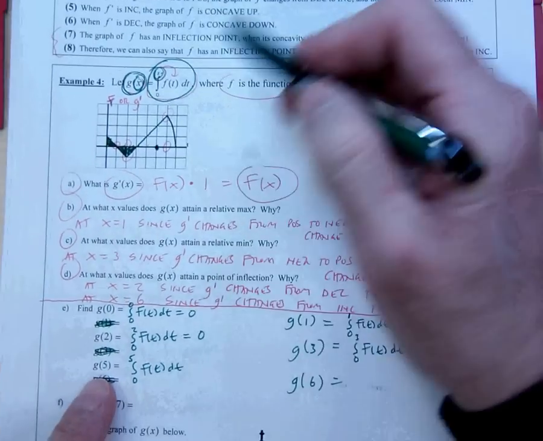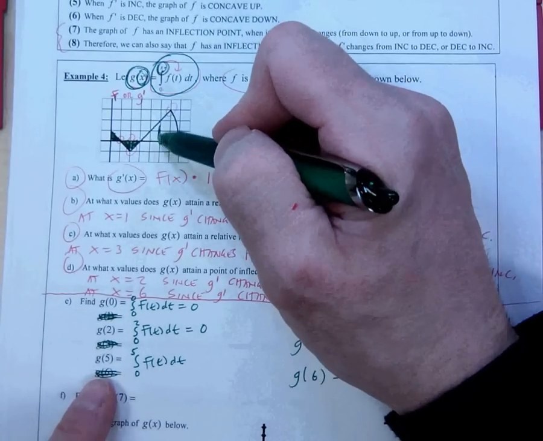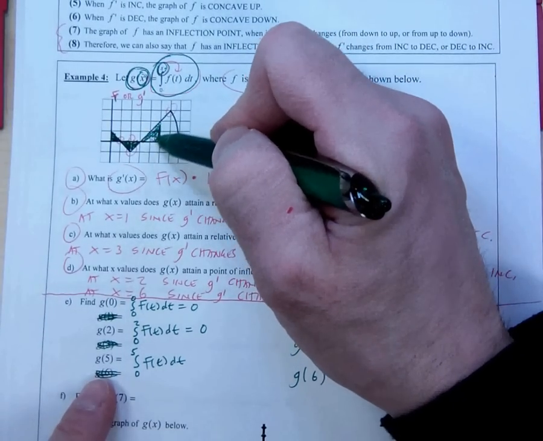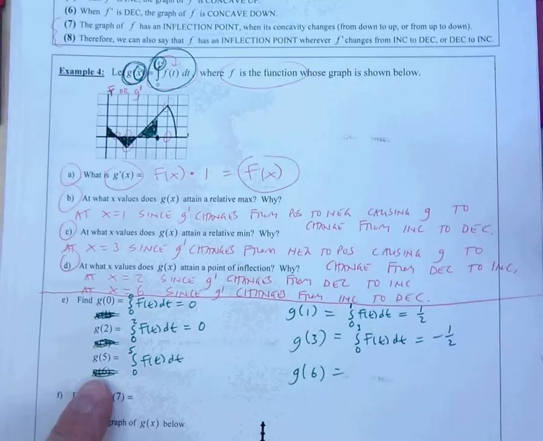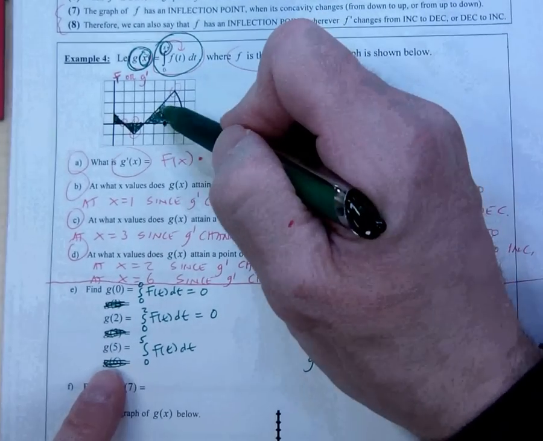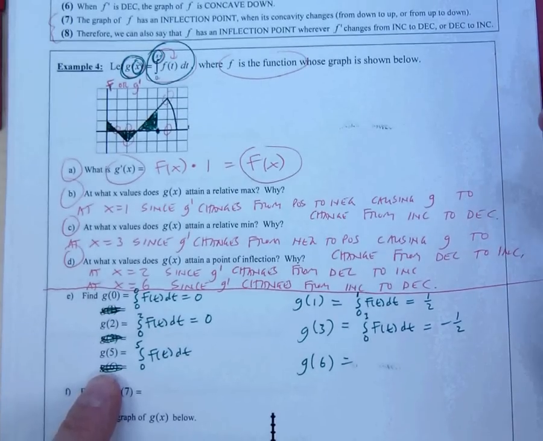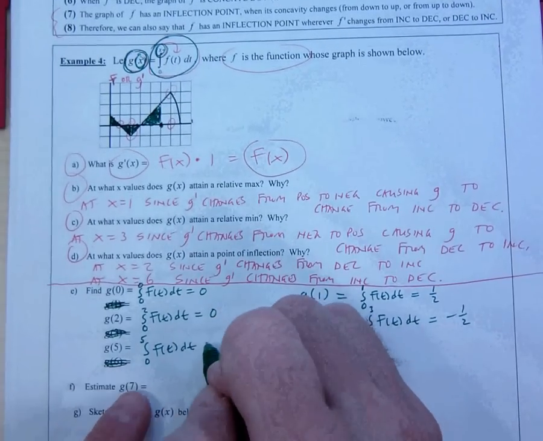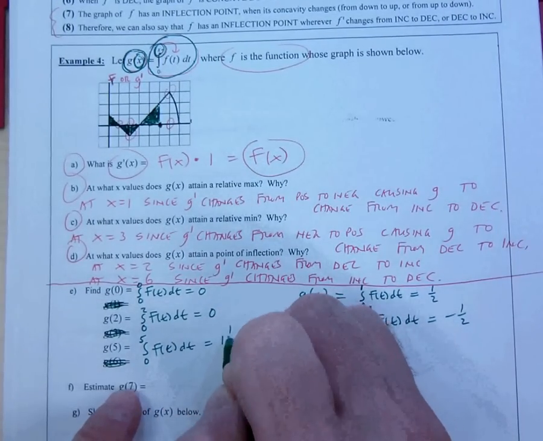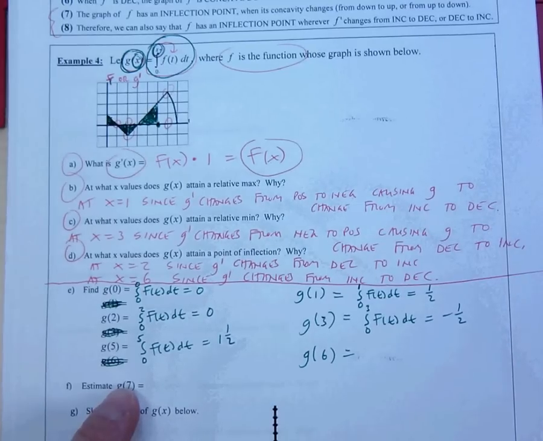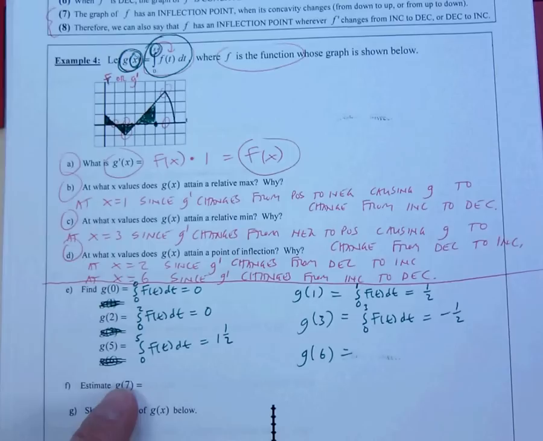So basically, don't I need to add this area now in here to my previous answer? Yes? So what is it? It's a negative a half plus what? 2, which equals what? 1.5? Yes or no?